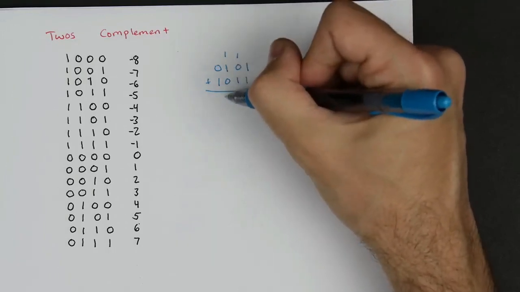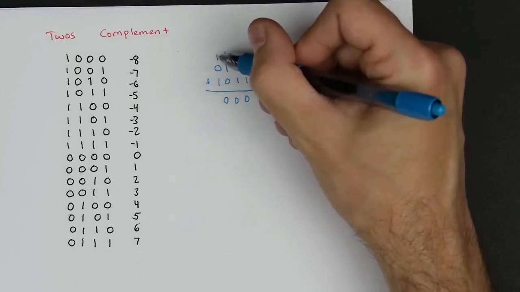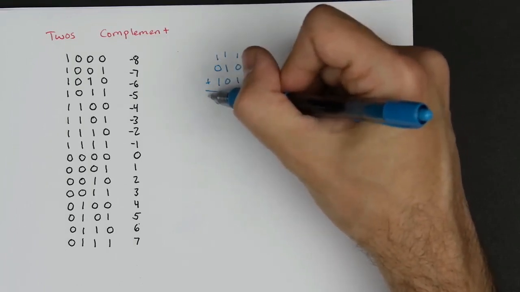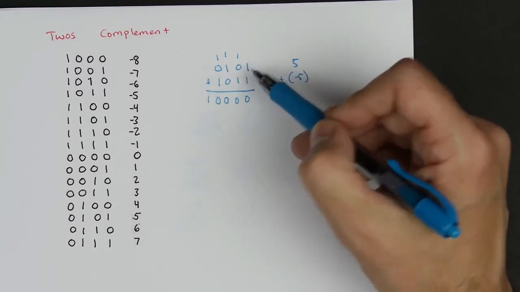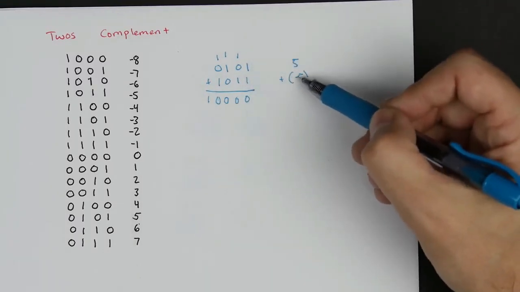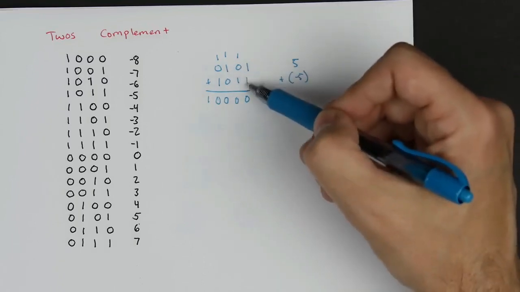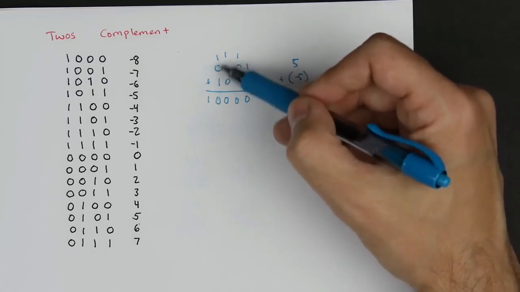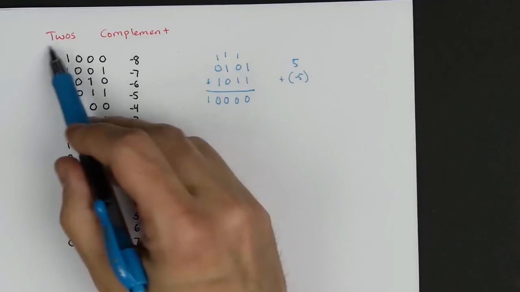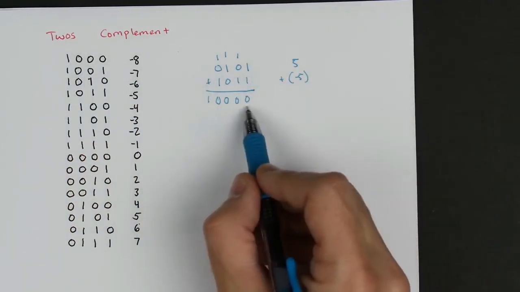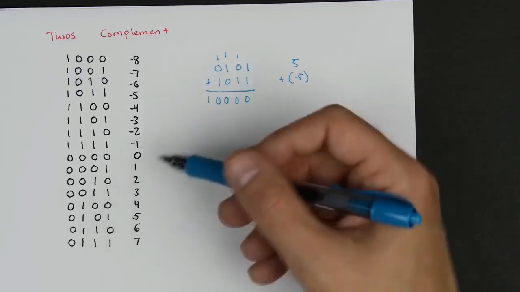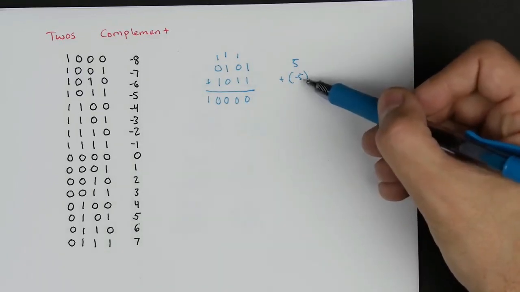And again, 1 plus 1 is 2, so put a 0 and we have a 1 that we're carrying. You'll notice that when we add each of these place values, we get a 2 each time, and that's why it's called 2's complement. In any event, you see that we end up with 0, which is just what we would want when we add a number to its inverse.